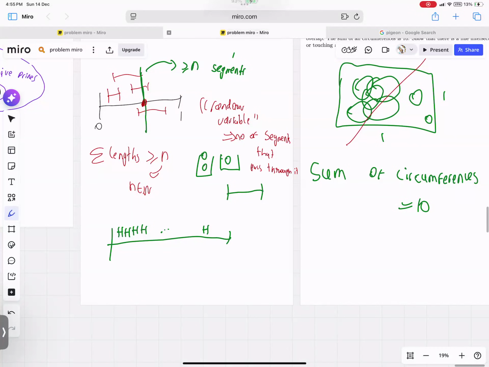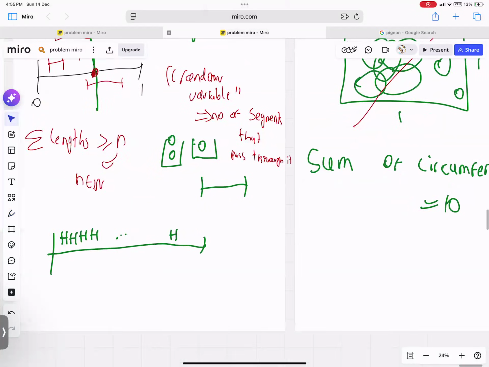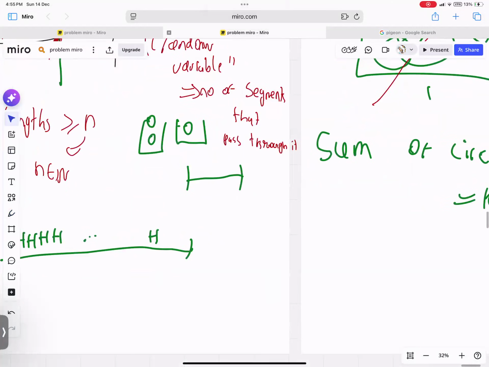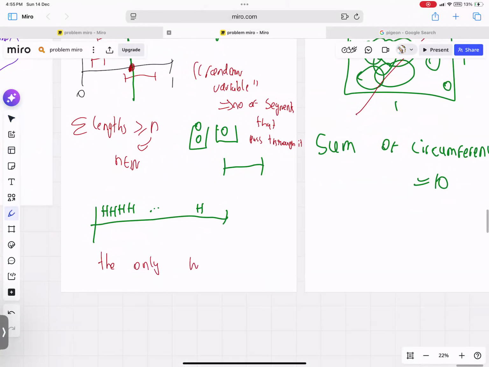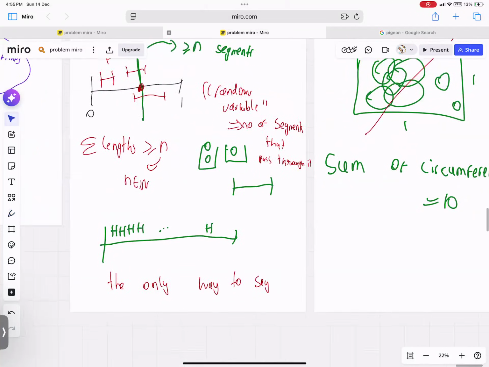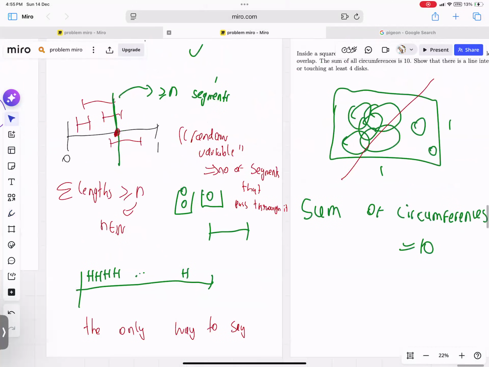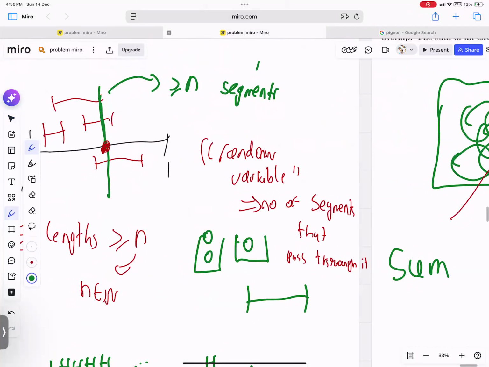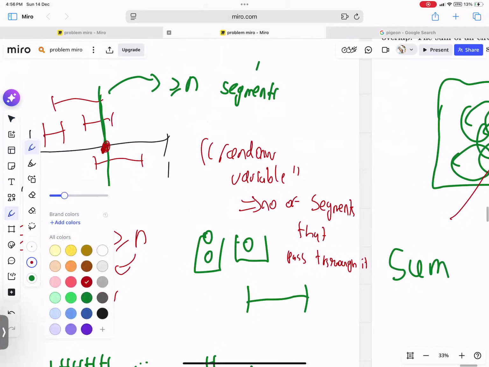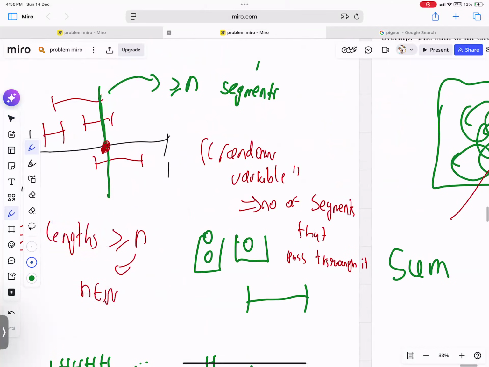And this is essentially the integration. Wait, actually, can you repeat? Okay, so what I was saying is we have a point and we consider the expected number of segments that pass through it.